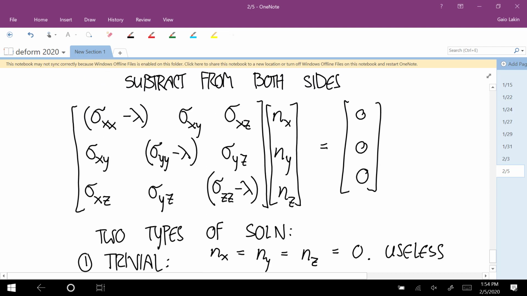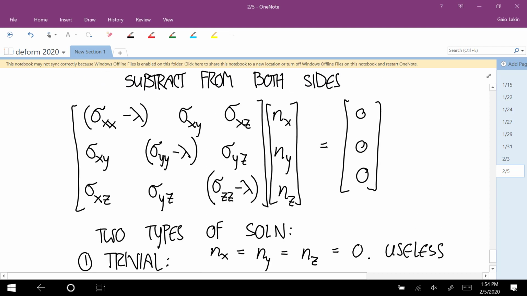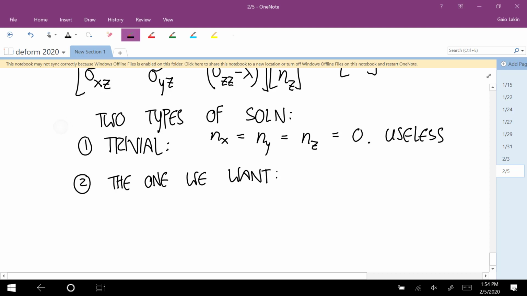The one we want comes when this matrix is not invertible. So we're going to require that left matrix is not invertible.